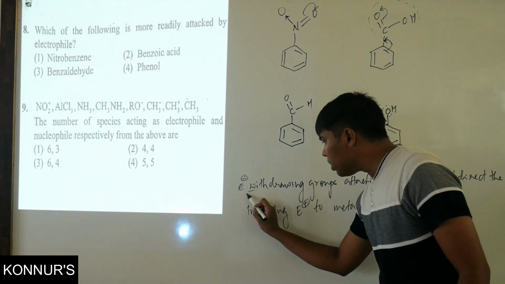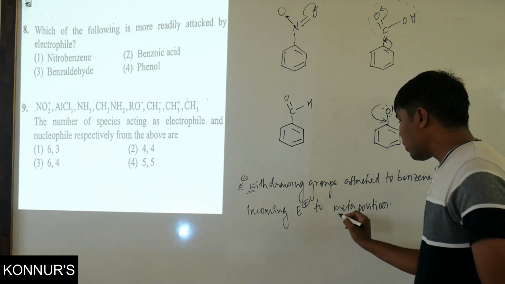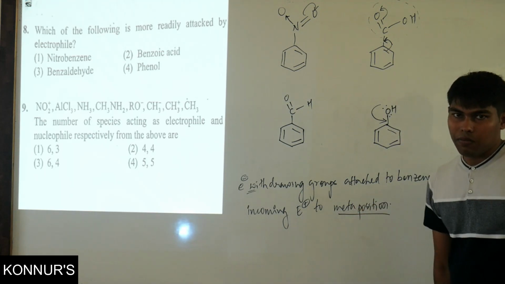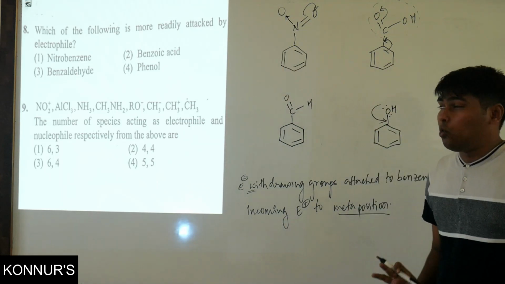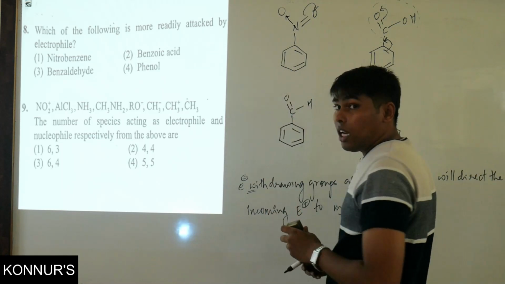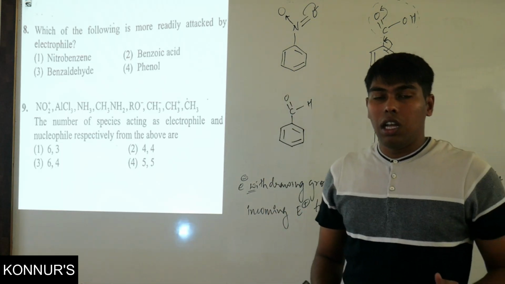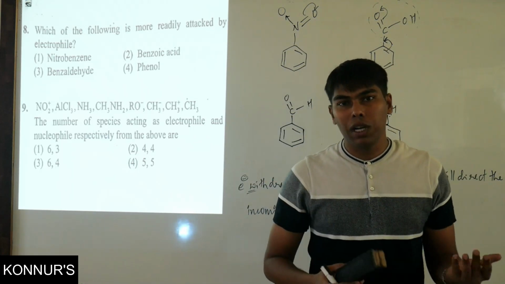An electron withdrawing group directs the electrophile to the meta position, where there is only one meta position. Since there are two meta positions, but in resonance the position of them is considered to be 1, the product formed is only 1.